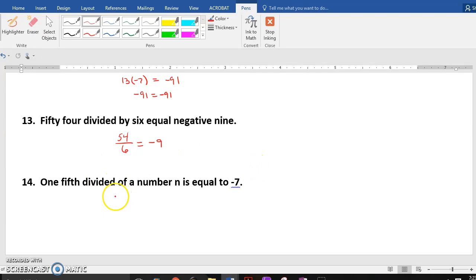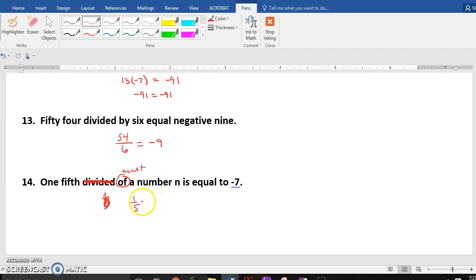All right, number 14, 1/5 divided by a number n. Did I write this wrong? It should just say 1/5, sorry. 1/5 of a number n. So 1/5 of means multiplication, okay?